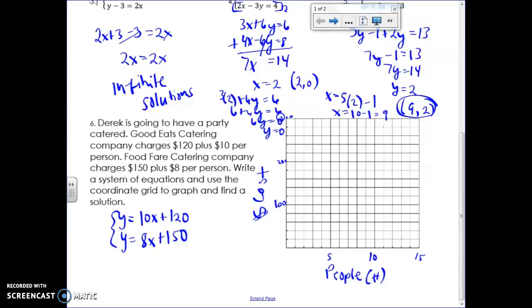Okay. So my first equation, my intercept is at 120. So I'm going to go to 120. My slope is 10x, so I'm going to go up 10 over 1, up 10 over 1, up 10 over 1, and so on. Just to kind of save on time here, if you graphed all of these, you would end up with a straight line going all the way about here.